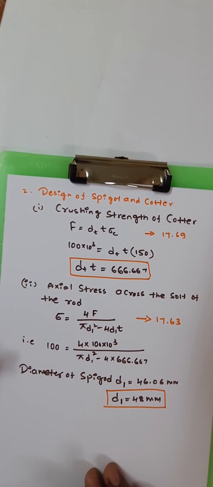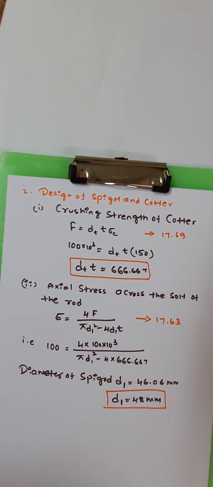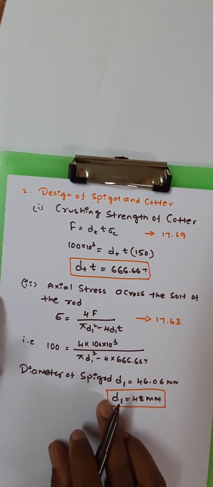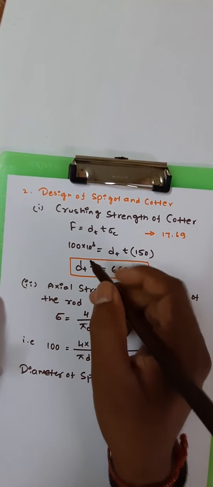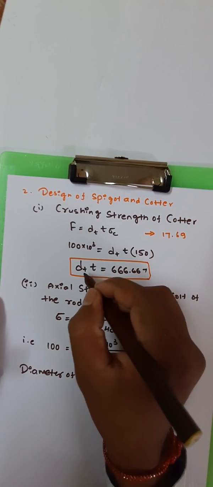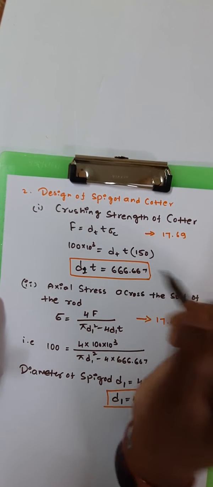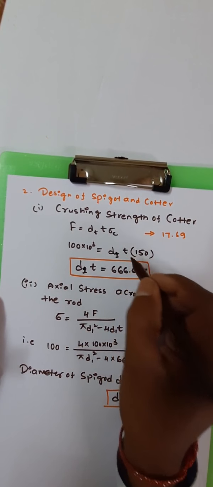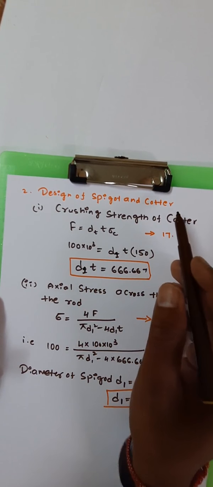Next, what we need to find out? We need to substitute this value into this equation. Here we consider d1, the spigot diameter, with respect to the spigot and cotter.